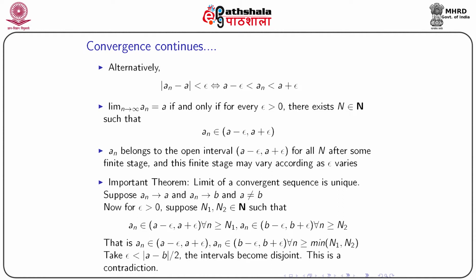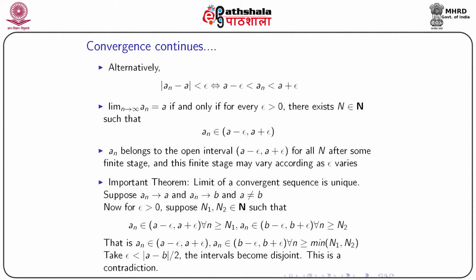So we will assume an converges to A and an also converges to B with the restriction that A is not equal to B. Now for every epsilon greater than 0, suppose we define two different numbers n1 and n2 belonging to the set of integers. n1 is for when I am considering an converging to A, and n2 is for when I am assuming that an converges to B. So by the definition we already gave, an belongs to the open interval a minus epsilon to a plus epsilon for n greater than or equal to capital N1, as we are assuming that an is converging to A.